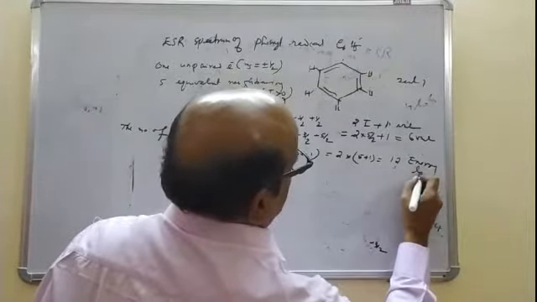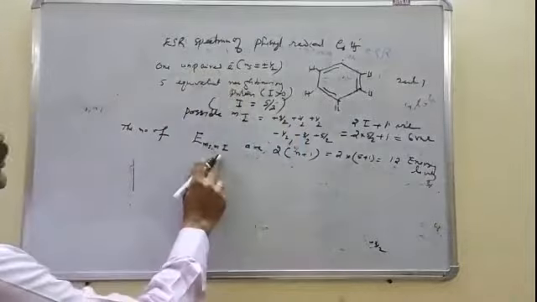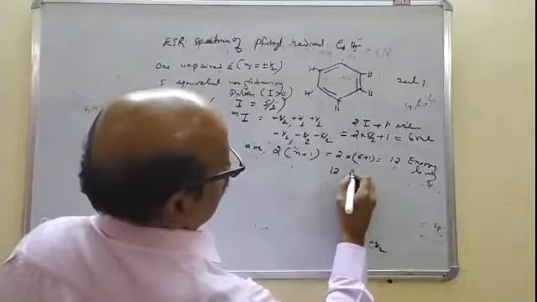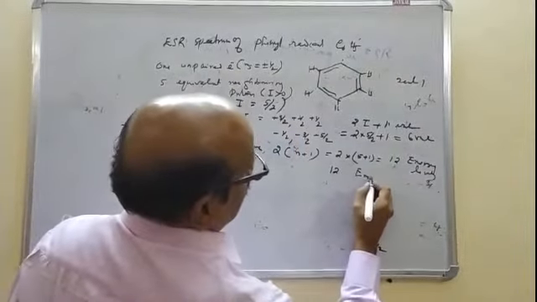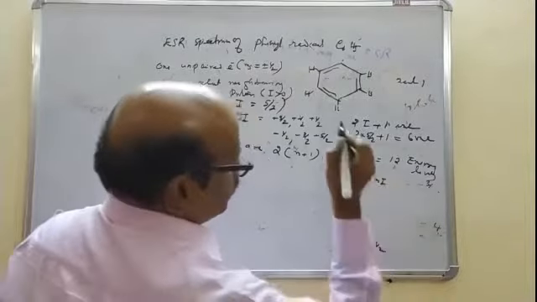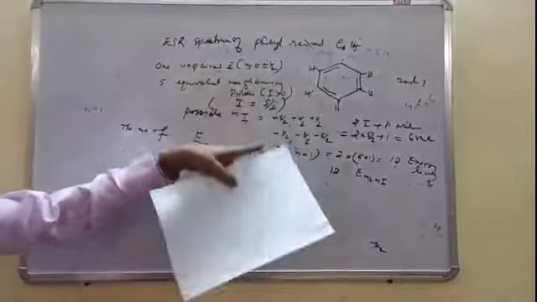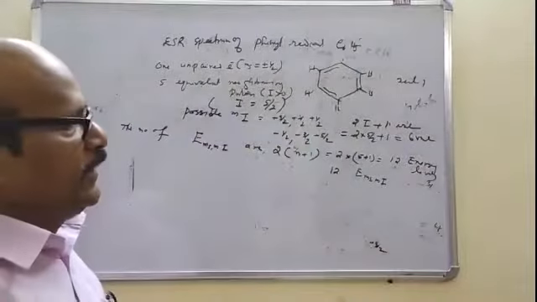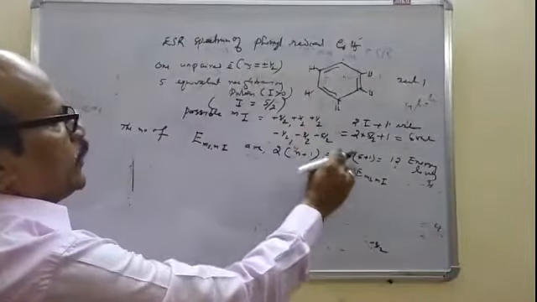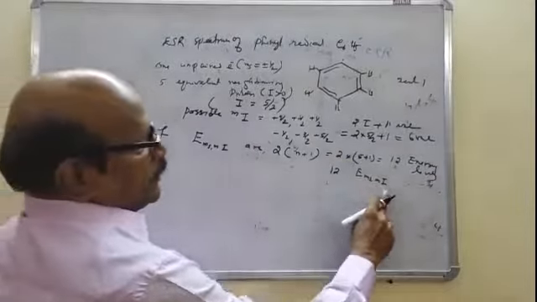So there are 12 E, MS, MI levels. What is the combination of this with this? These two and the six together give 12 MS, MI levels.